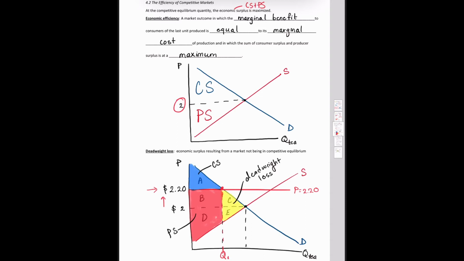In competitive equilibrium, deadweight loss is 0. So remember, at competitive equilibrium, our quantity over here was higher because we were producing at price 2.